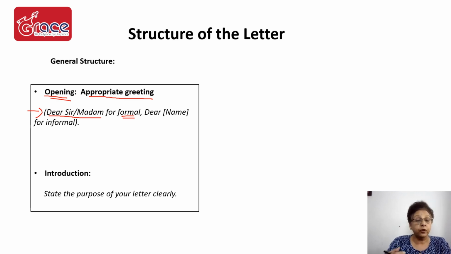You're writing to a person who is senior and you don't even know him, so you're going to write Dear Sir or Madam. It could be anybody. And for an informal letter, it is going to be Dear and the first name. For example, it could be Dear Anna. So that is your opening, also known as the salutation.